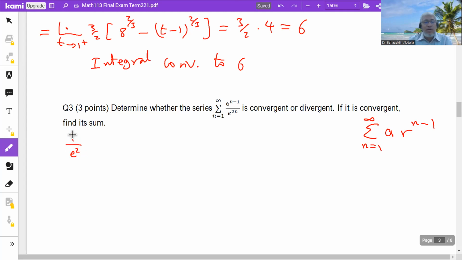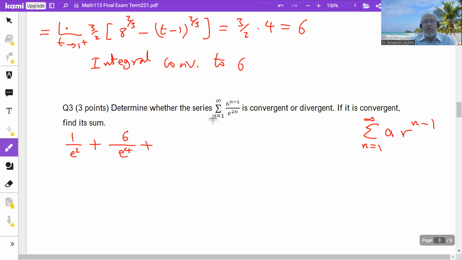So 1 over e squared, this is the first term of the series. The second term, replace n by 2. So I'll have e to the power 2 times 2, that's 4. And 6 to the power 2 minus 1, so 1, that's 6.